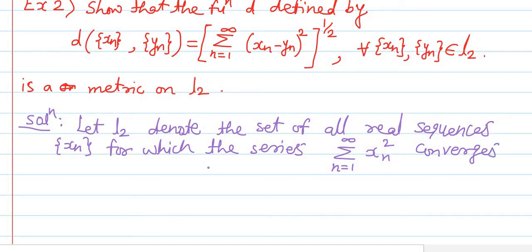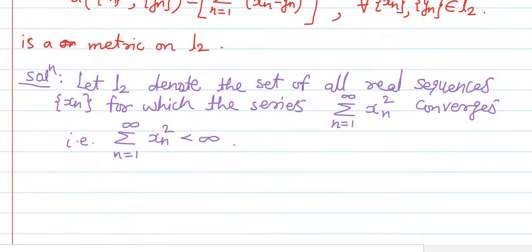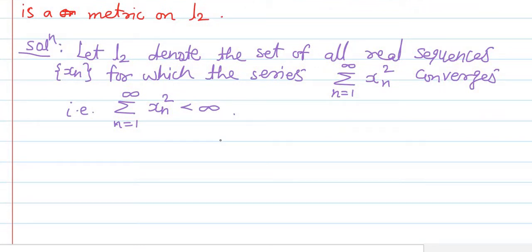This is a series of non-negative terms, and therefore it will converge if it is less than infinity. So the same thing can be written as: summation over n equal to 1 to infinity xn square is less than infinity. So this is L2, which we discussed in the last class also, and I have written it once again here.